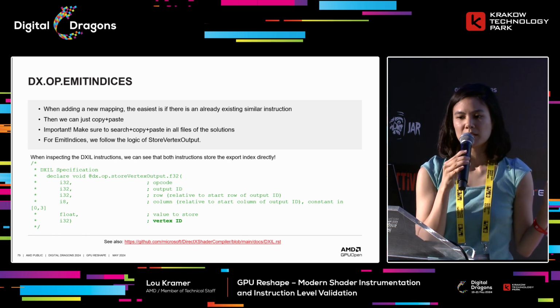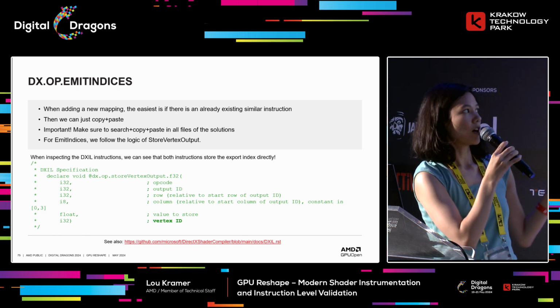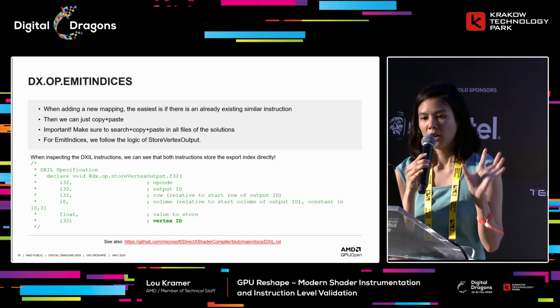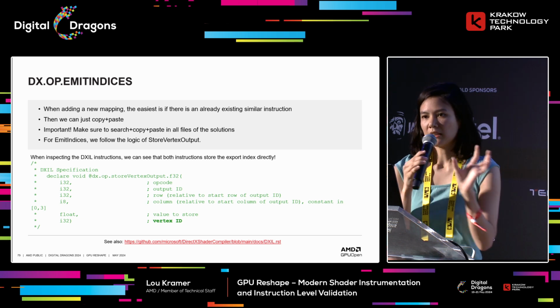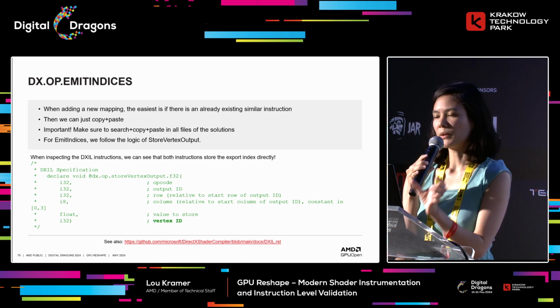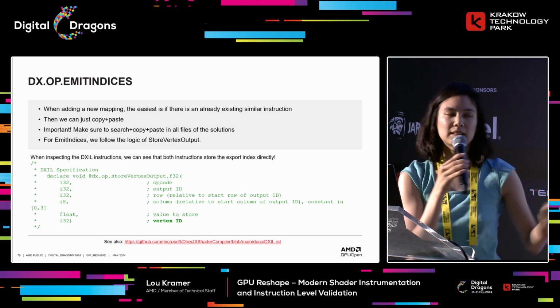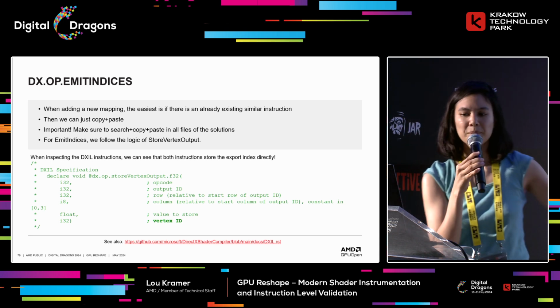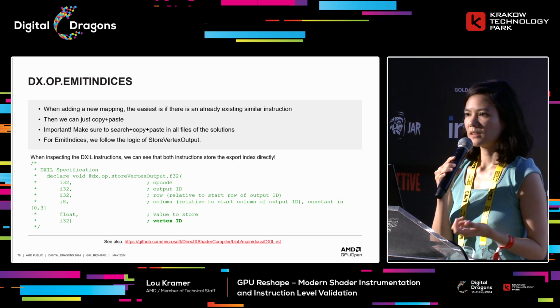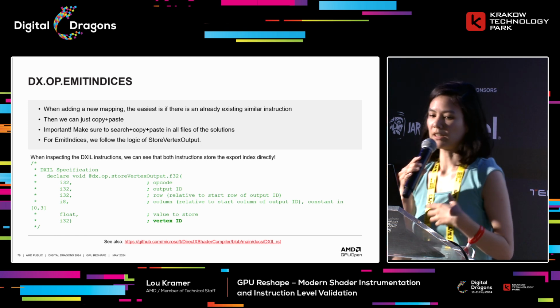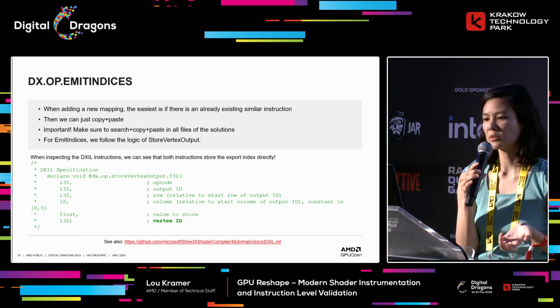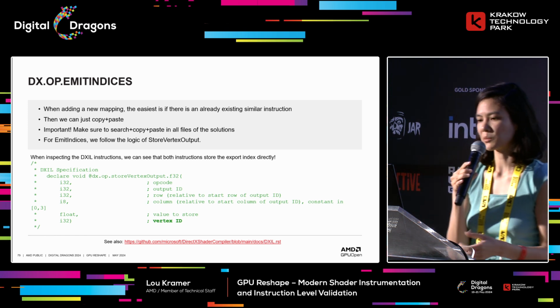So here I copy pasted the example for store vertex output instruction, and here you can actually see that the instruction already encodes the export index. So here it encodes the vertex ID, and I can tell you the emit indices instruction encodes the primitive ID as well, which is very convenient for us because that's exactly what we're interested in.